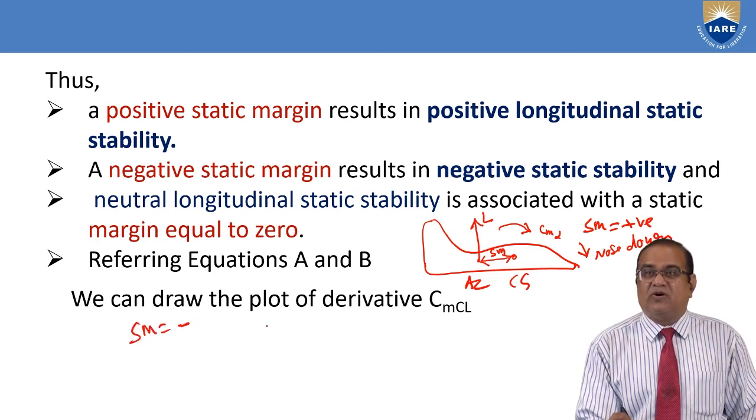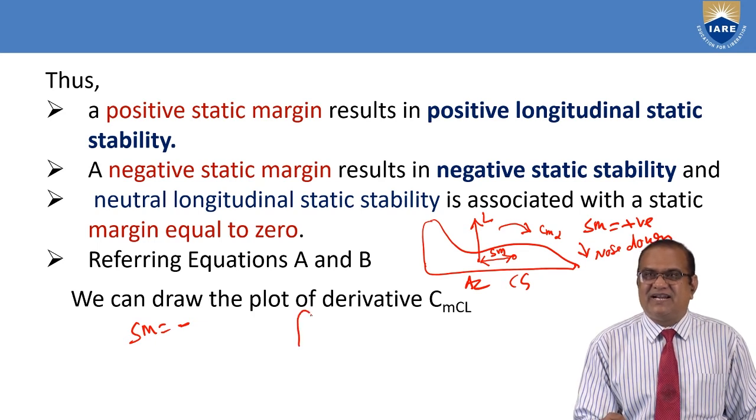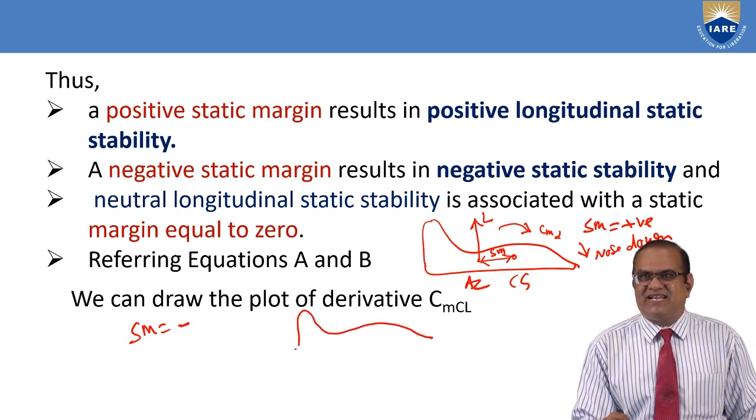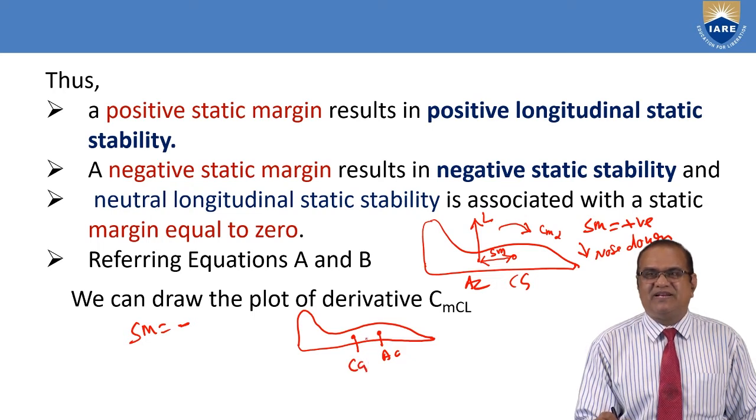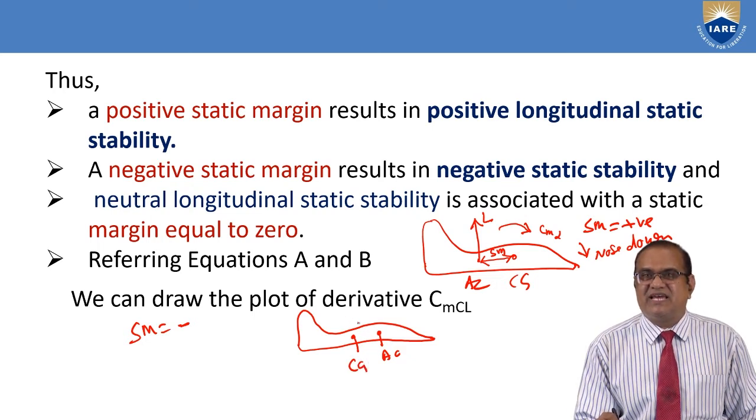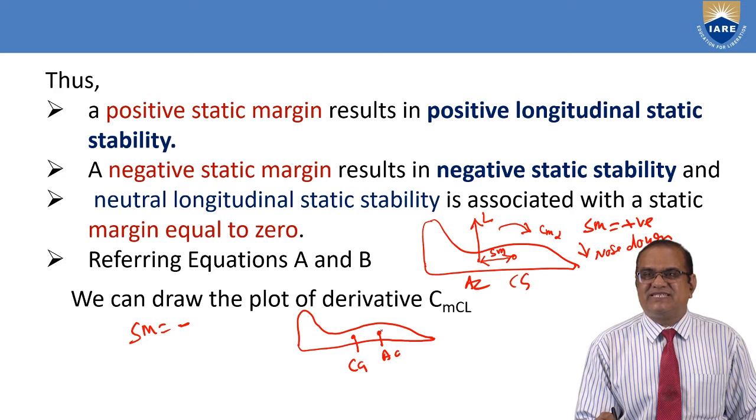If SM is negative, then what will be the condition? You can see here in this diagram that if your AC is here and CG is here behind, then what will happen? This distance is negative.